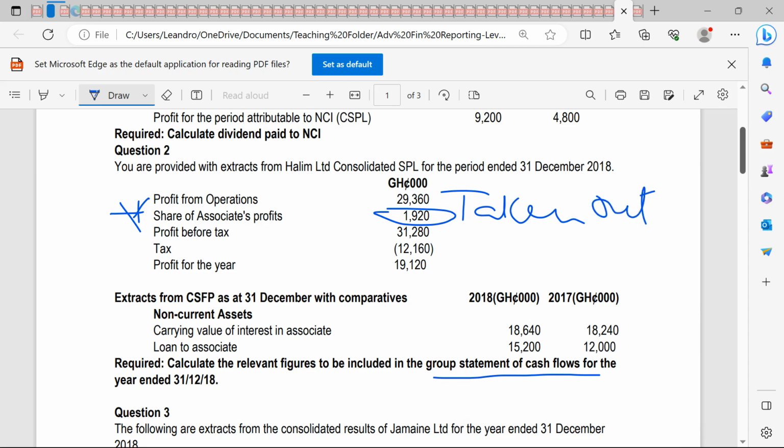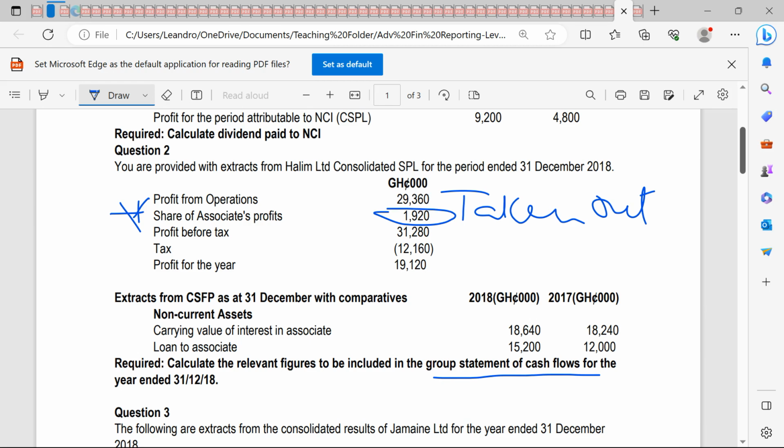It must be deducted because it will be shown as an item under investing activities. Investment in associates is an investing activity. So the cash element from that will be reported under investing activities. But let's see, how much are we taking to investing activities? And that's what you have to deal with.